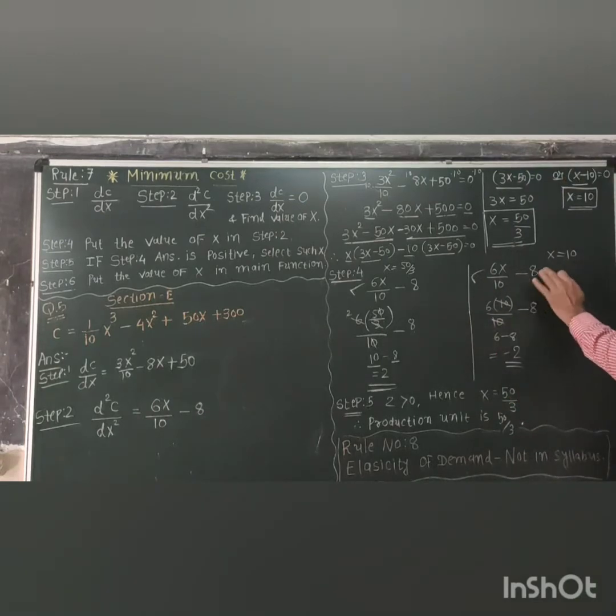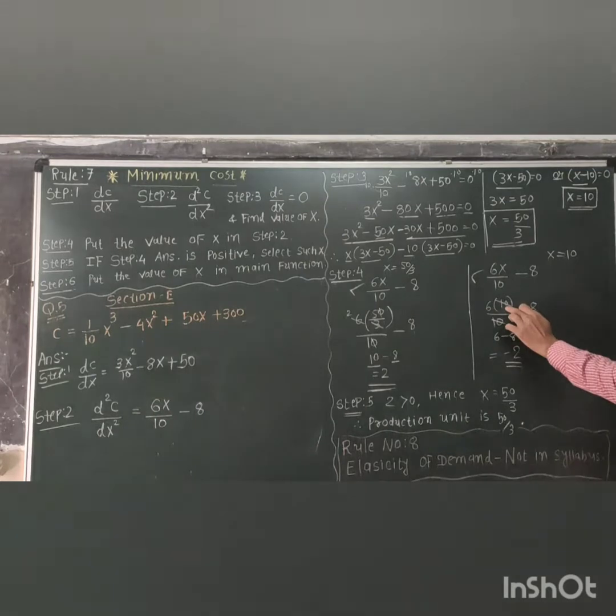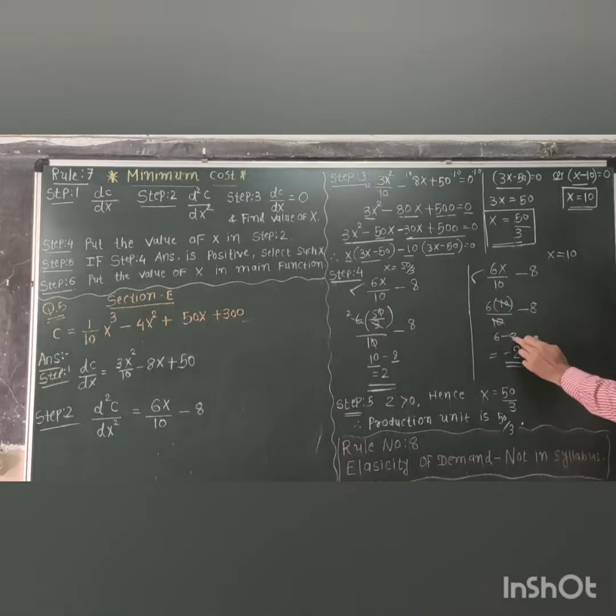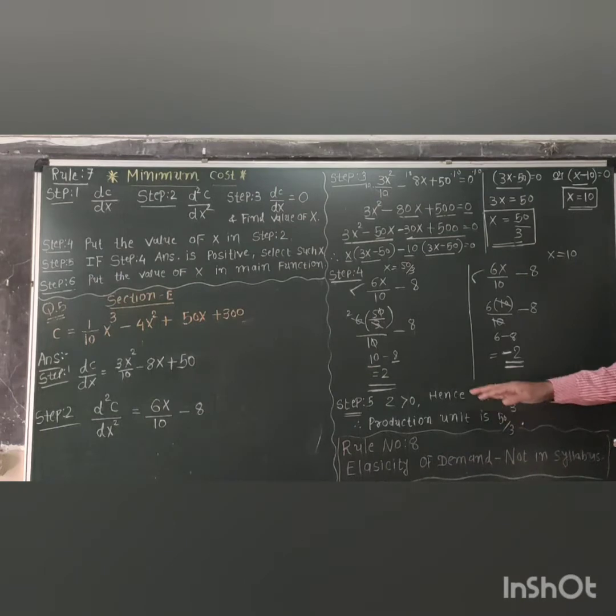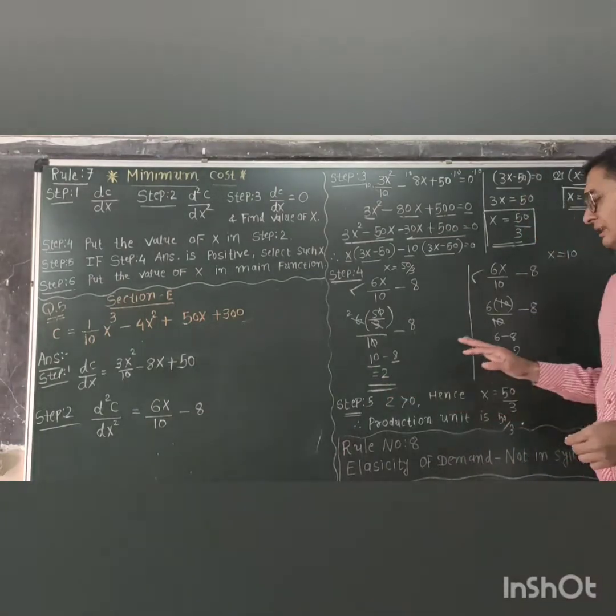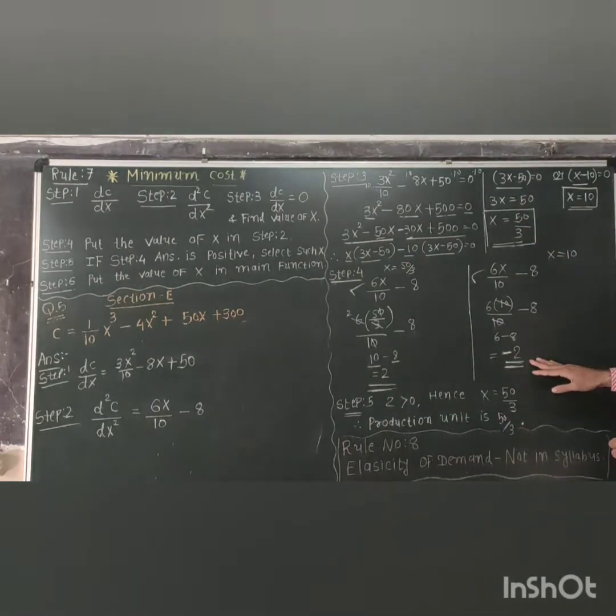Whereas here instead of x, if I put 10, 6 into 10 divided by 10 minus 8, again 10, 10 cut, 6 minus 8, it is minus 2. So here the answer is plus 2 and here the answer is minus 2.